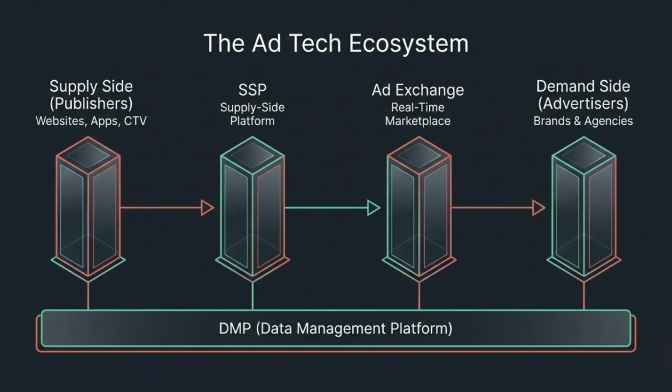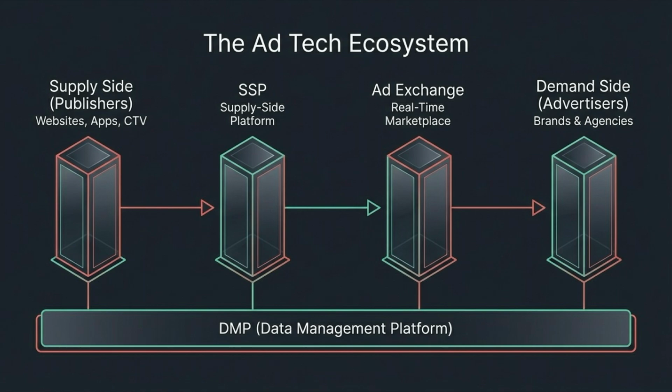Okay, so that's the supply. Now, the demand side. The advertisers. Brands, agencies, you name it, they want to buy that attention. But again, they can't call every publisher. It just doesn't scale. Impossible. So they use their own robot, the DSP, or demand-side platform. So if the SSP is the auctioneer, the DSP is the automated paddle waver in the crowd. It's the automated bidder, yeah. It has a very specific set of instructions from the brand.